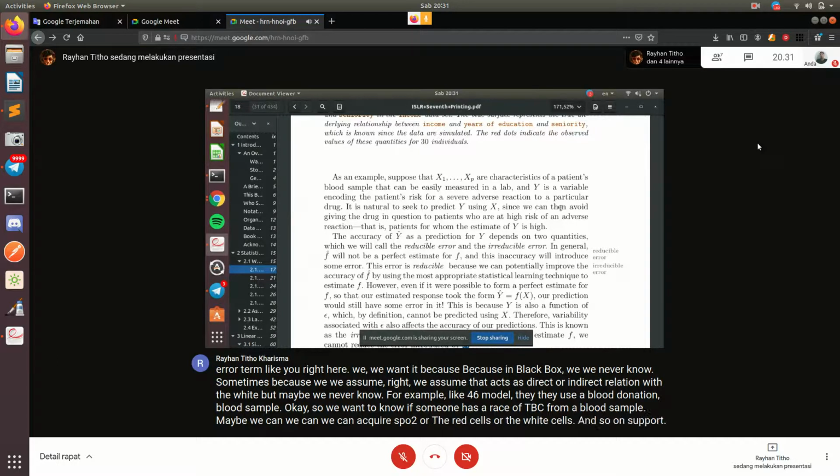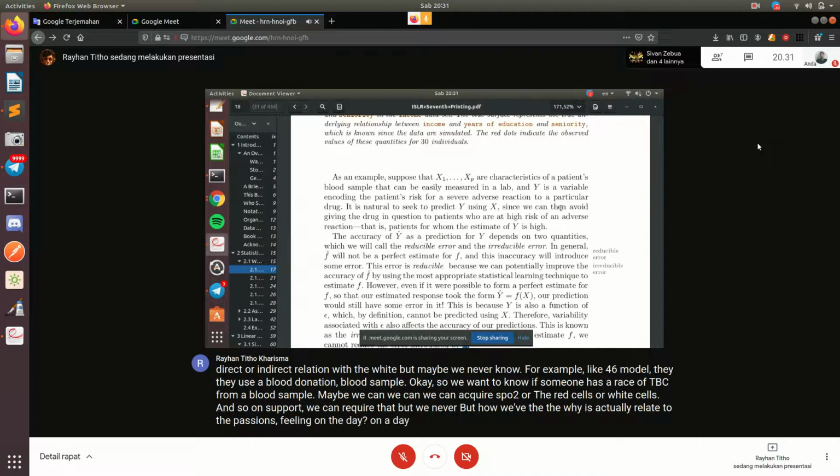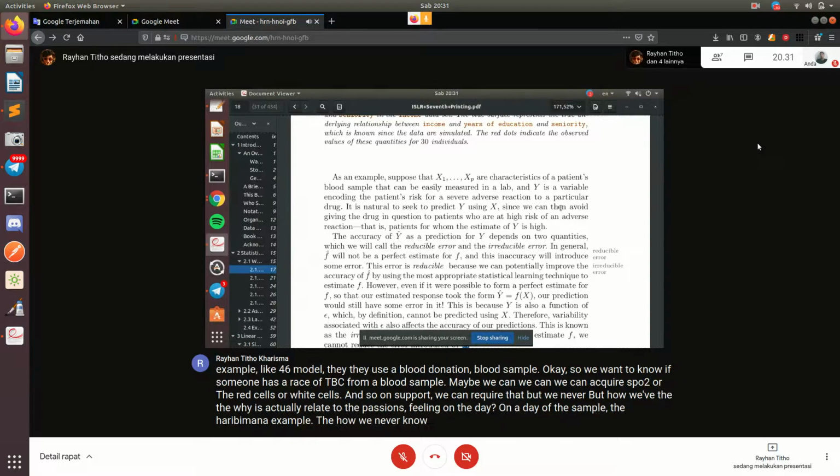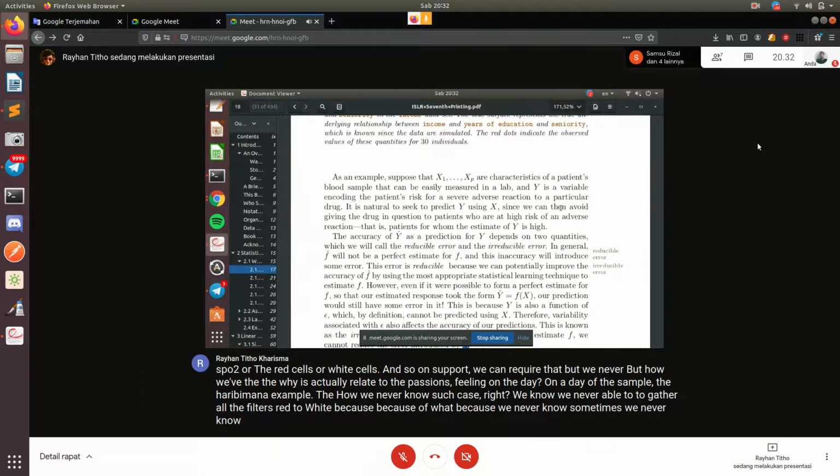We can acquire that, but what if the Y is actually related to the patient's feeling on the day the sample was taken? We never know such a case, right? We are never able to gather all the features related to Y. Sometimes we never know, what if the TBC is actually related to the length of happiness?